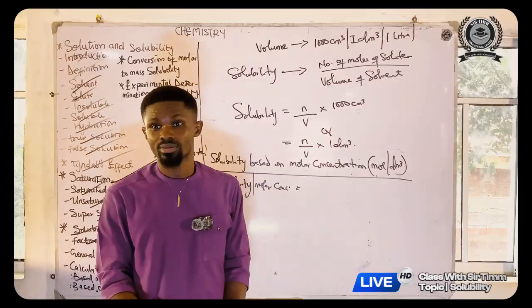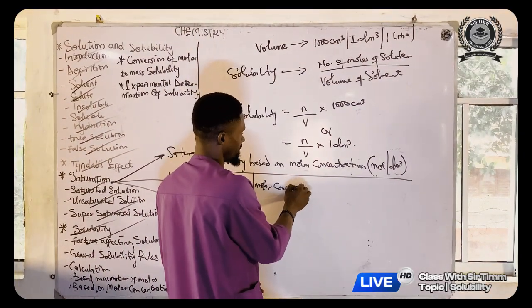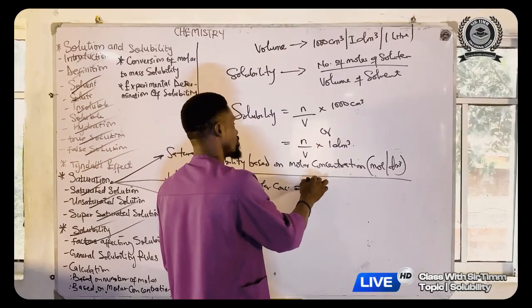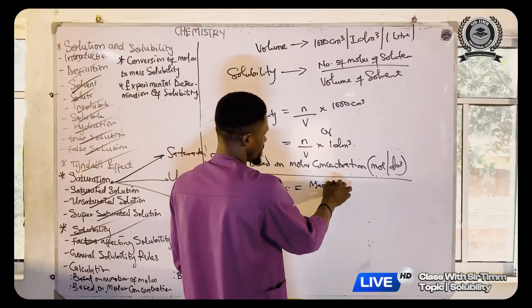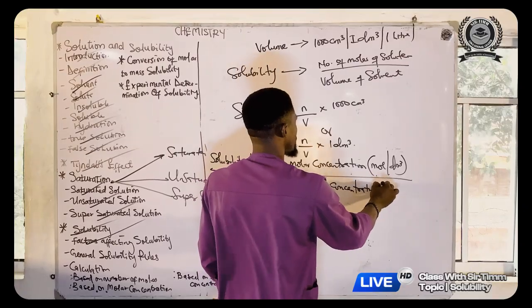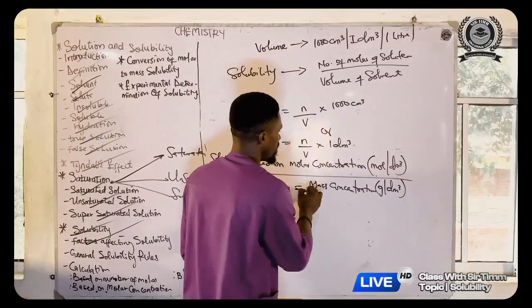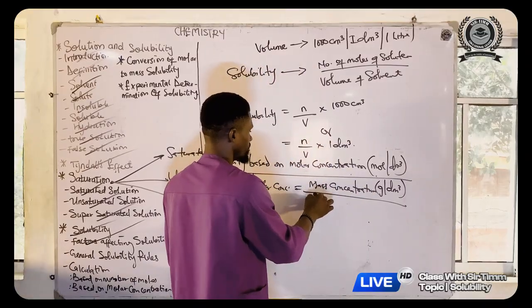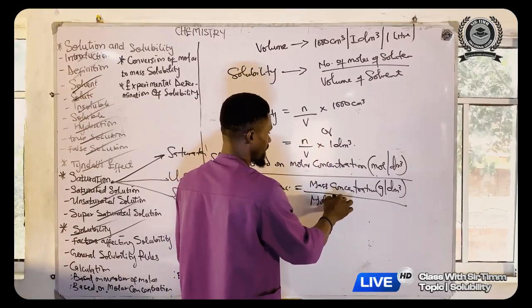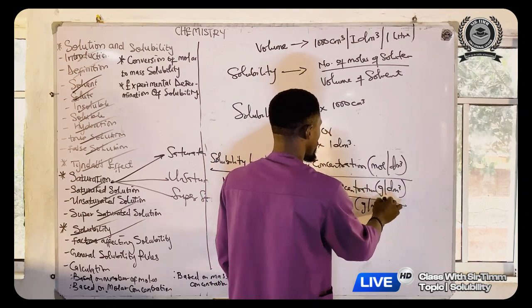Molarity is equal to mass concentration over molar mass. Mass concentration is in gram per dm3, and molar mass is in gram per mole.